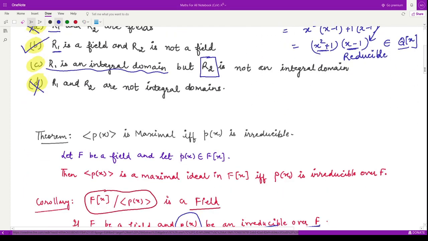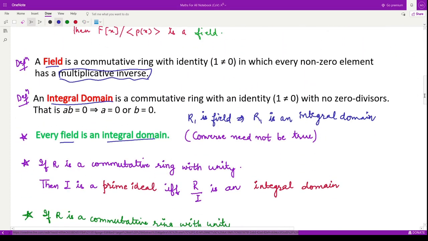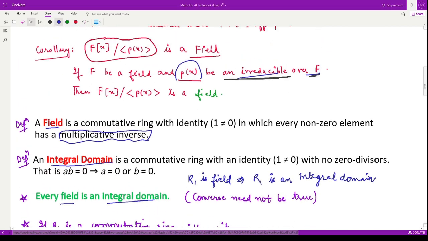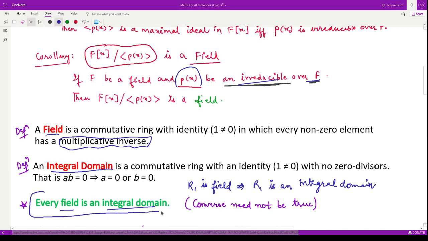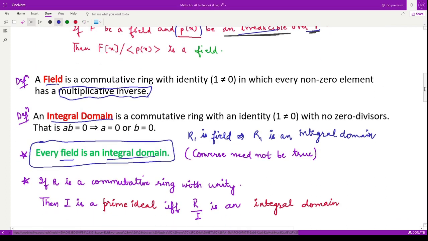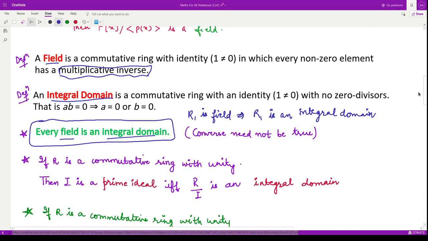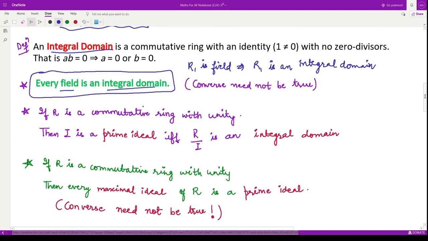The converse of the result that every field is an integral domain does not hold. So we may look at other results for integral domains. One such result is, if R is a commutative ring with unity, then I is a prime ideal if and only if R upon I is an integral domain. And if R is a commutative ring with unity, then every maximal ideal is also a prime ideal.